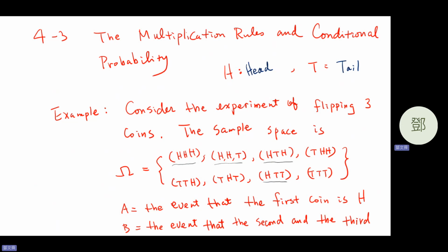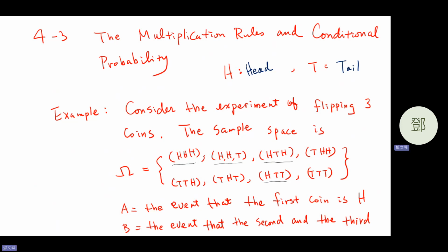So how many possible outcomes are there in the experiment of flipping 3 coins? There are 8 possible outcomes. Understand? 8.